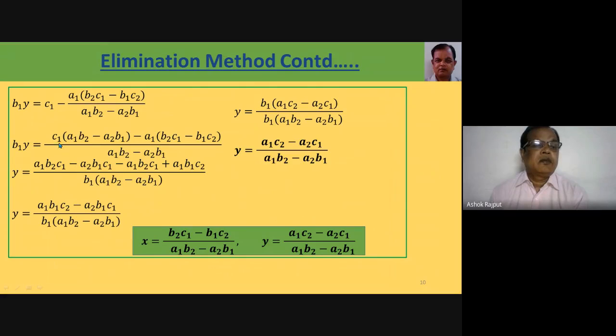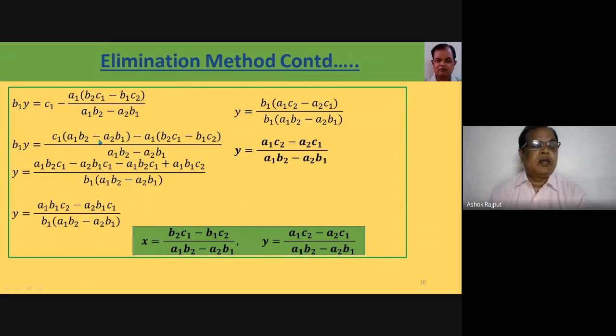Then c1 is here, and in the denominator there is 1, so we will multiply by the denominator, because when we divide any number by 1, we get the same value. Then a1 b2 minus a2 b1 minus a1 b2 c1 minus b1 c2.